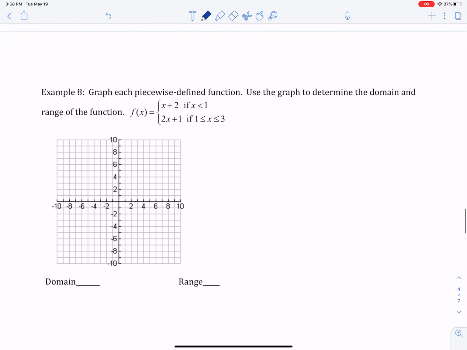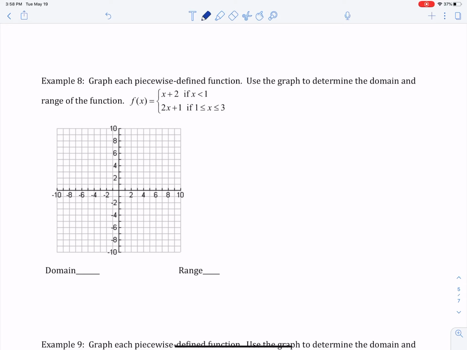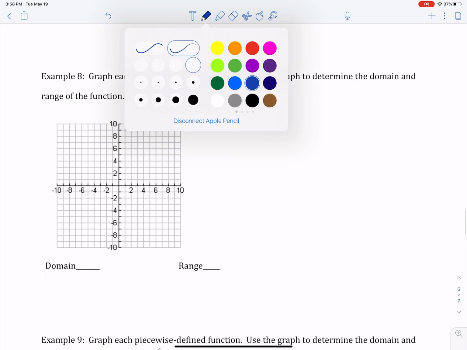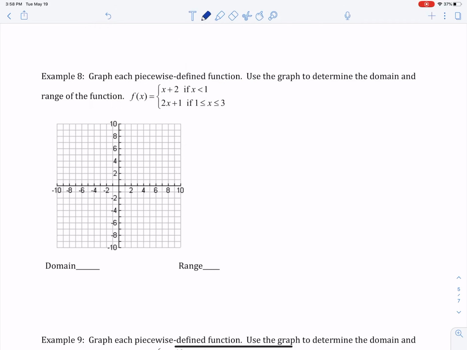Similar question: graph the piecewise function, and use the graph to determine the domain and the range. So again, the domain is given here. x can be less than 1, x can be between 1 and 3, x cannot continue past 3. So see how it looks.